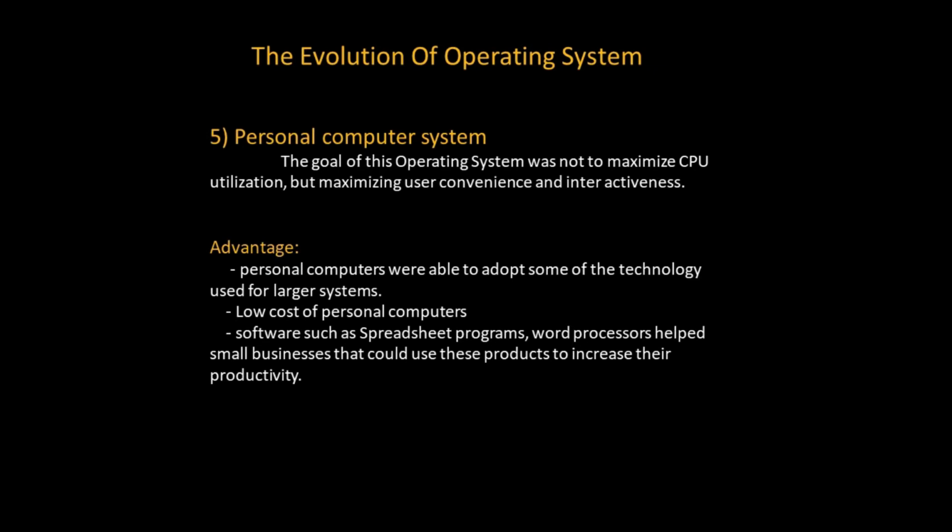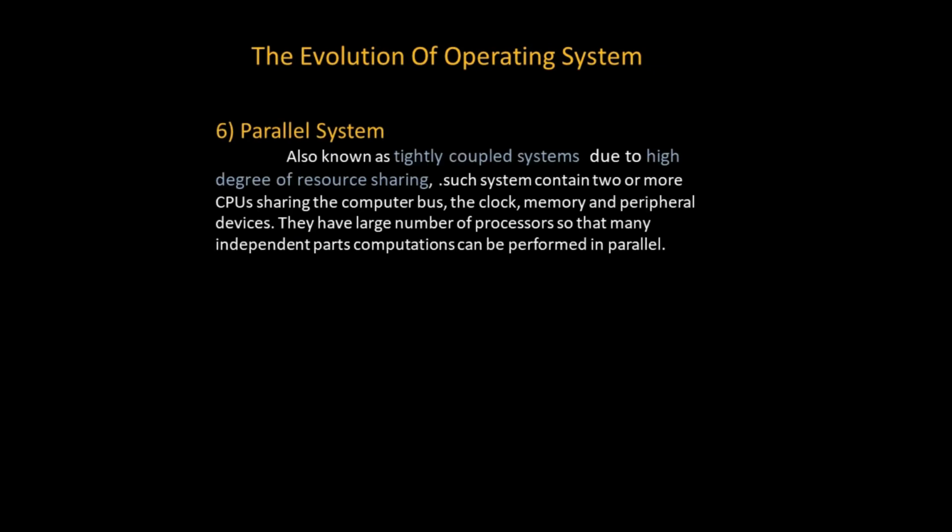The next kind of operating system is the parallel system, also known as tightly coupled systems due to high degree of resource sharing. Such systems contain 2 or more CPUs sharing the computer bus, the clock, memory, and peripheral devices.